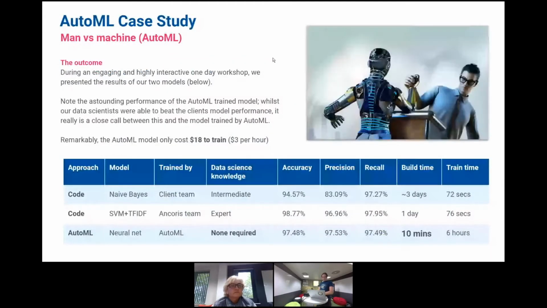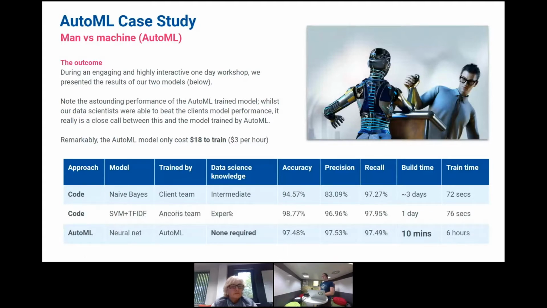But this is a really interesting slide. What we essentially did is, this middle line here, I'm highlighting, is that SVM model that we trained. It was trained by Ancoris, one of our data scientists.